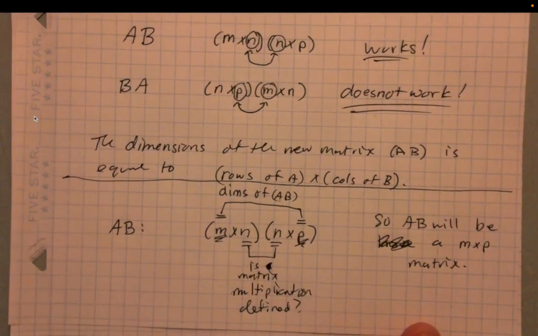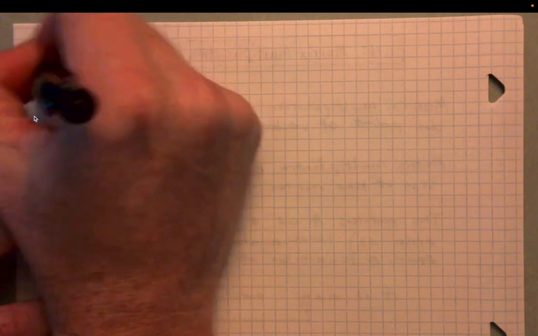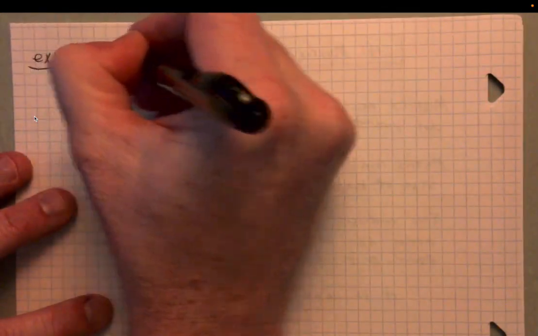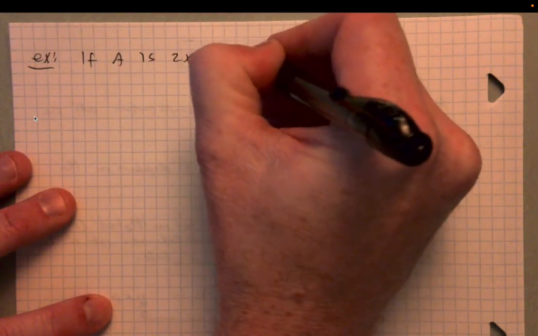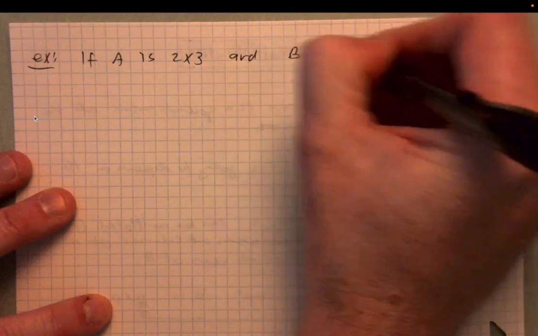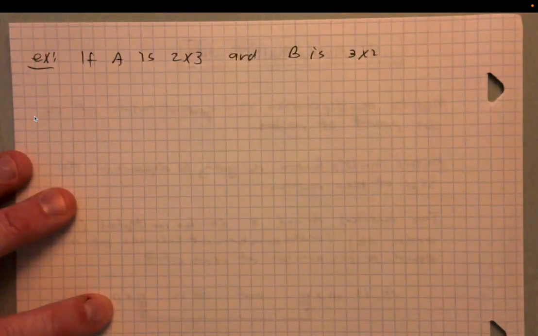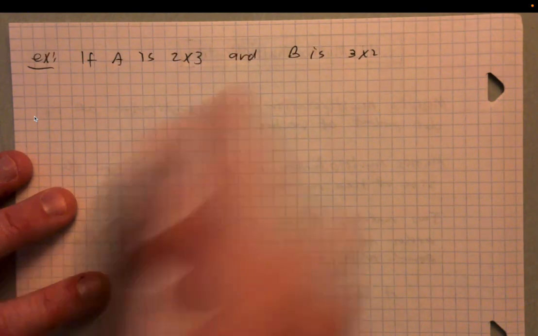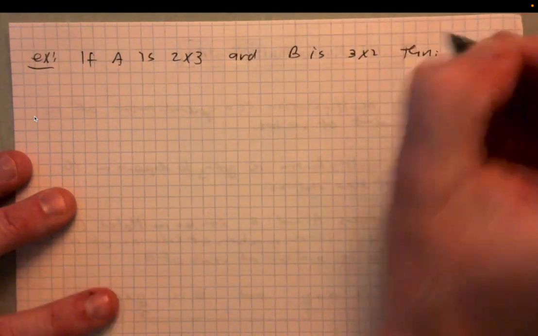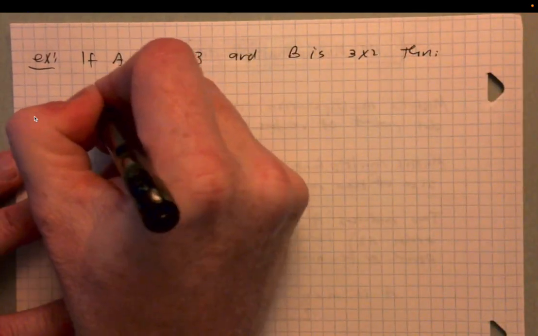Okay, let's do an example. We won't do the multiplication yet because we haven't talked about how to do it. But if A is 2 by 3 and B is 3 by 2, then can we multiply A and B? Yes, we can do the product AB.